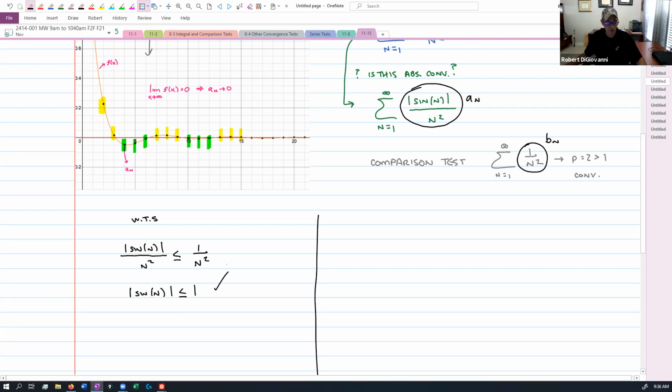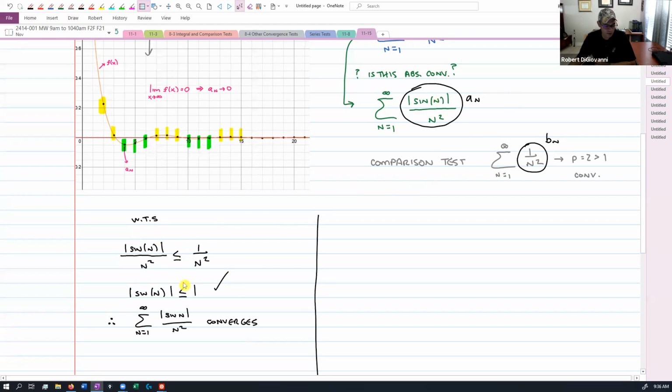So since that's true, what can we say? We can say that the absolute value of sine of n over n squared converges. That's what the comparison test just told me. I compared the green one to the gray one.